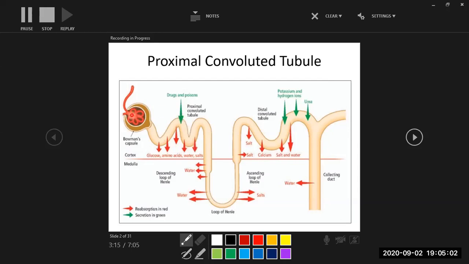So that is the major work, major theme in the proximal convoluted tubule. And then we will have a sharp turn to the loop of Henle.